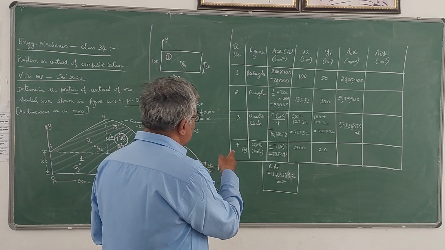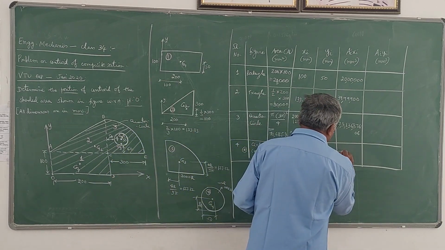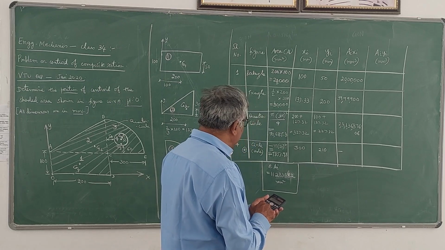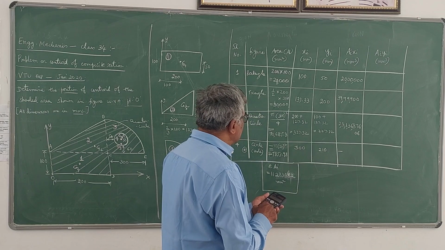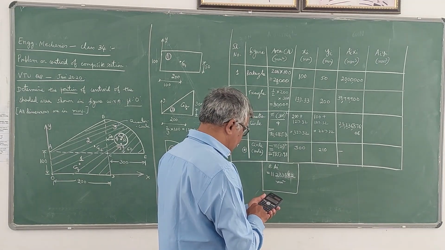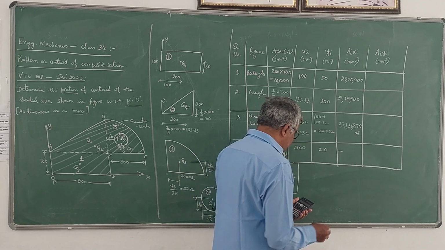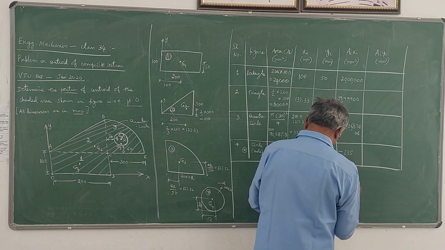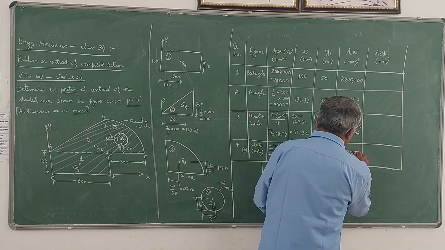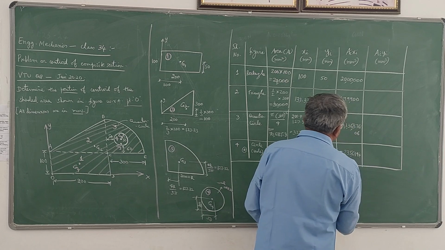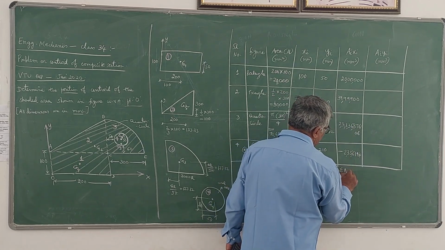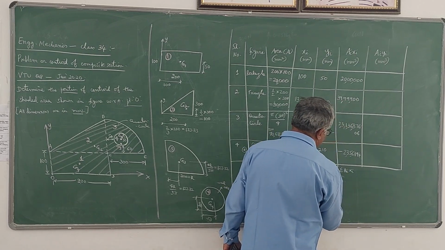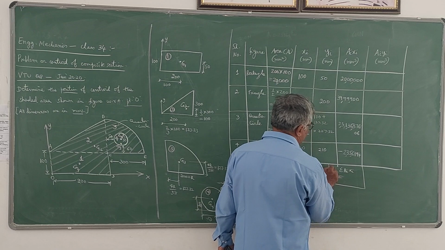Next, for the circle it is negative because area is negative, product is also negative. 7853.98 into 300. So it comes out to be 2356194. Now if you add all these, you get sigma AiXi. Please note that here also the first three values are positive, last value is negative.